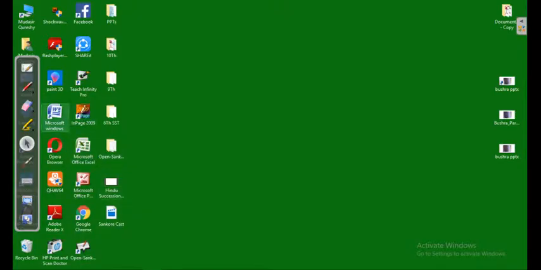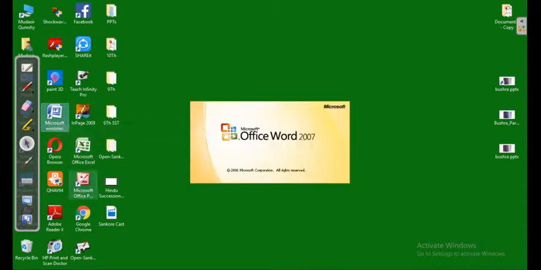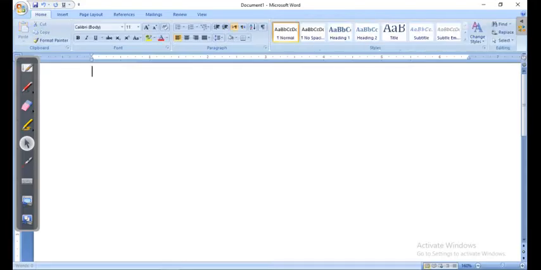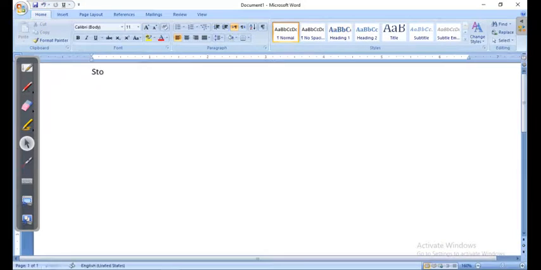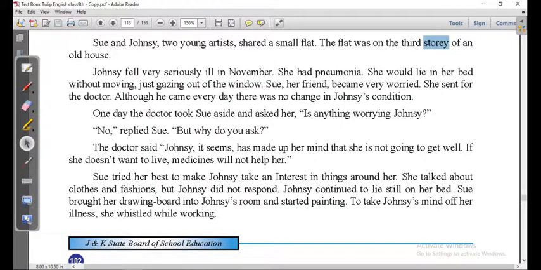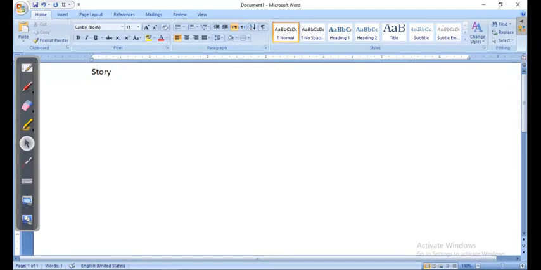For example, if we go through homophones, you will be asked to write sentences on story and storey.